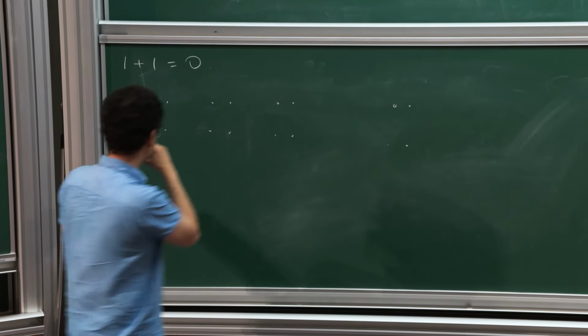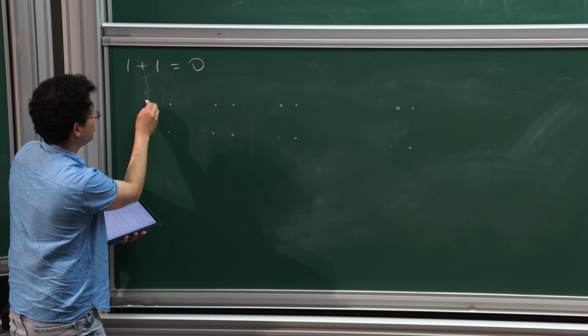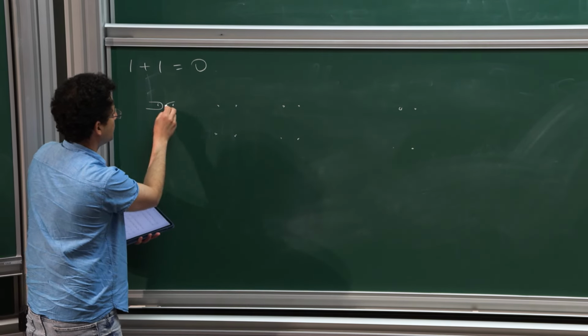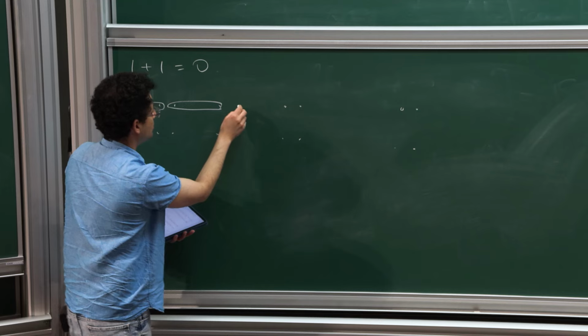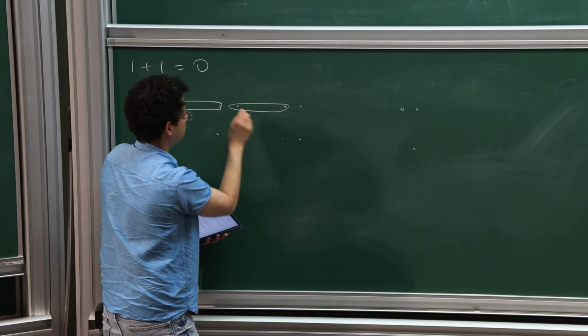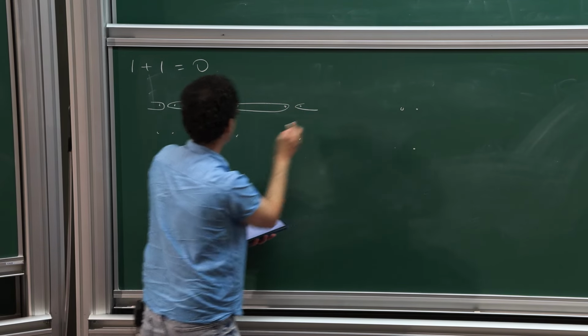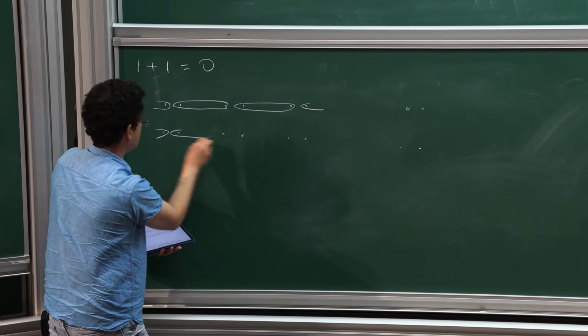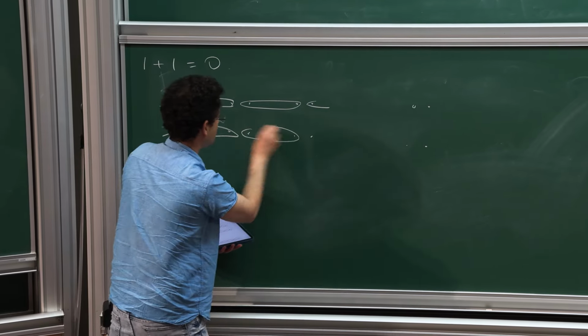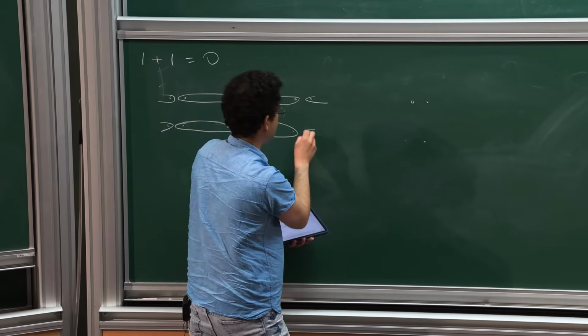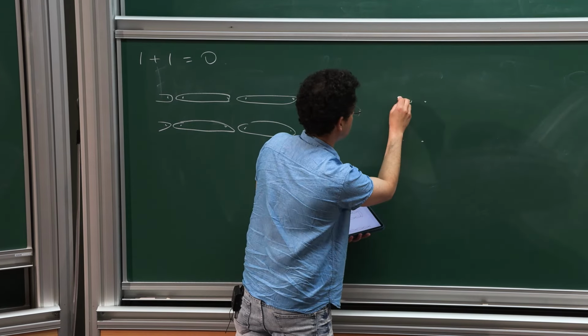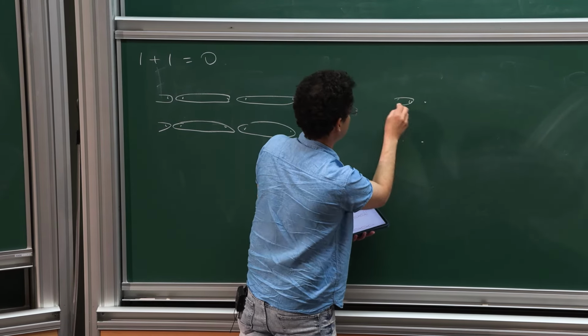Let's think about two closed chains and stack them. And this is the Kitaev Hamiltonian drawn pictorially.